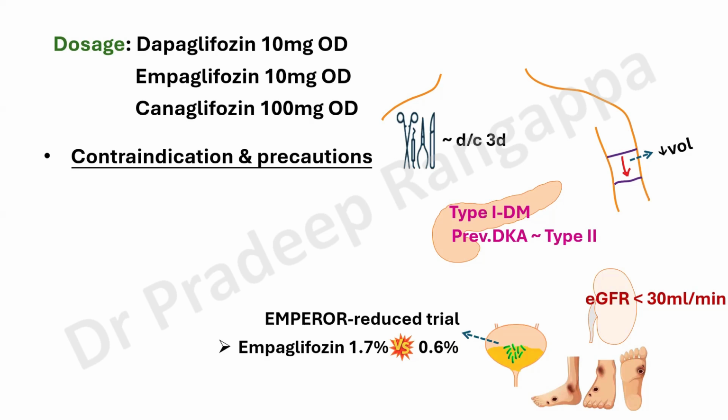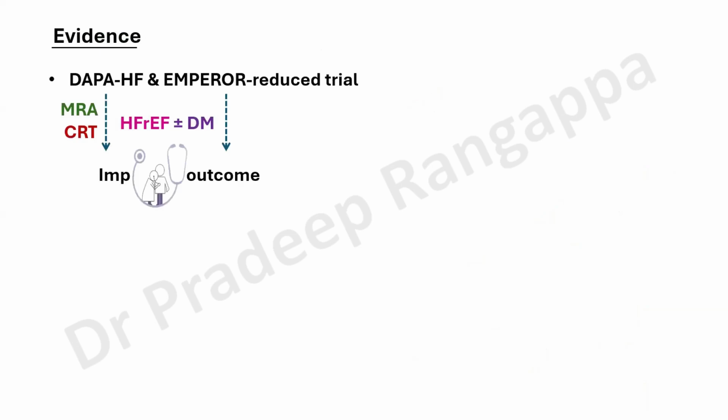The Emperor Reduced trial showed, when they compared empagliflozin with the standard group, the risk of UTI was more in the empagliflozin group. It was 1.7% versus 0.6%. And when you look at broadly the key articles, these are the two big studies that happened: the DAPA heart failure study, where they used dapagliflozin, and the Emperor Reduced trial.